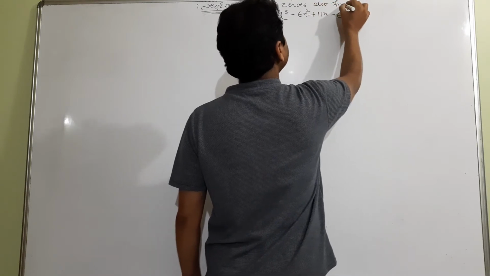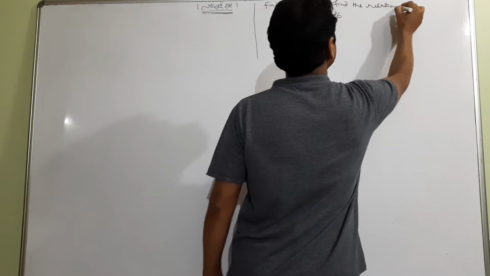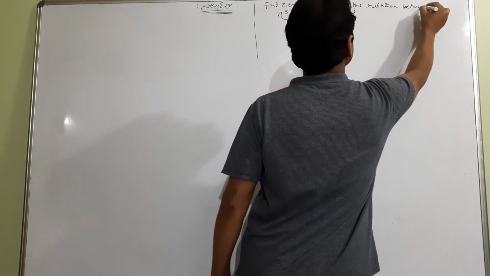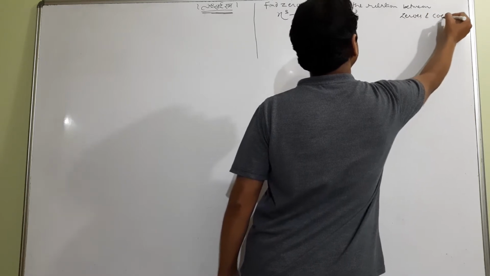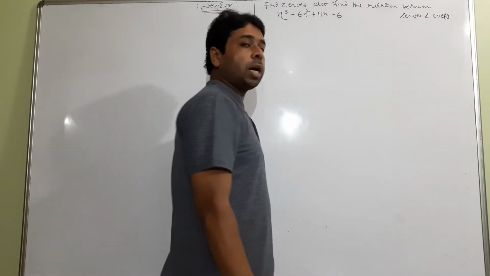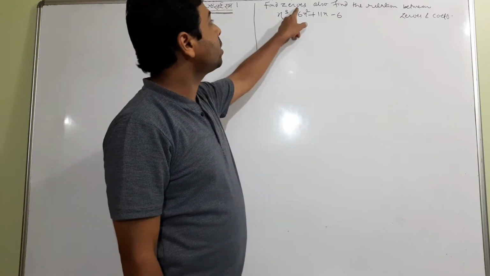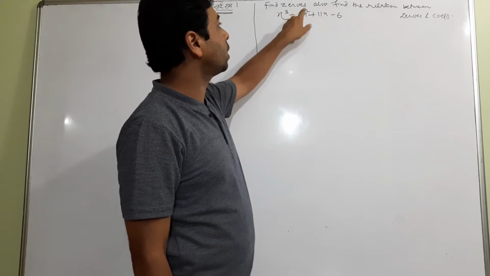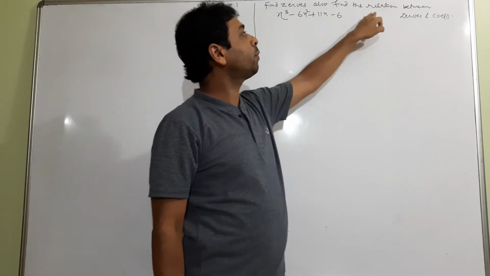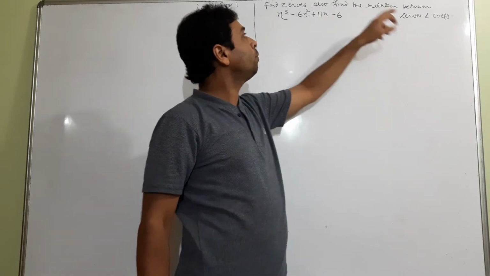Also find the relation between zeros and coefficients. If this comes, how will this be done? This is an interesting question. It is nothing new, but first of all we have to find the zeros of the polynomial.